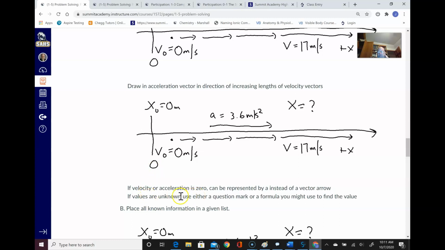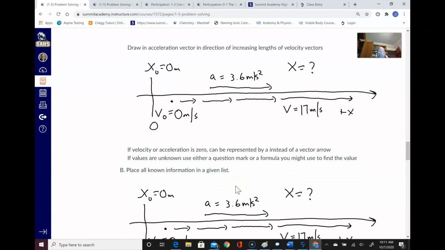If values are unknown, we're either going to use a question mark like we did here, or I might actually know a formula to find that value from some other means, and I could put that on the motion diagram and help me find that value as well, right on the motion diagram. In any case, we won't use that approach for a few weeks yet.